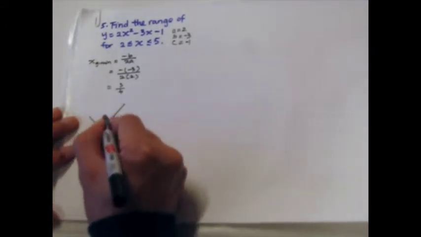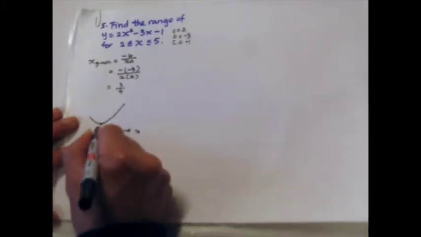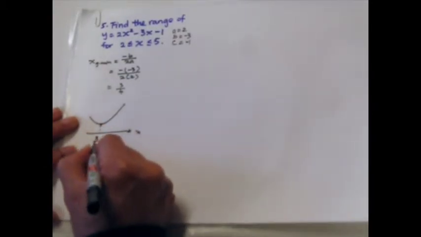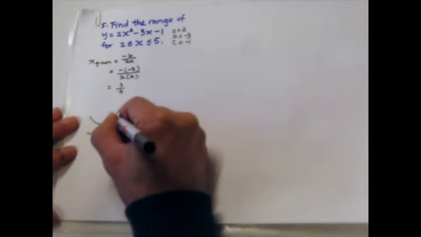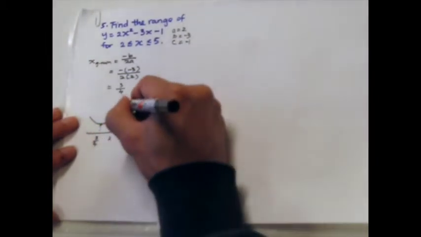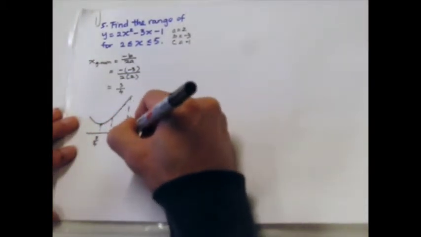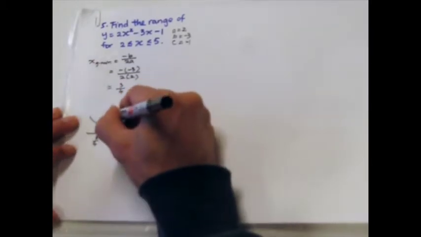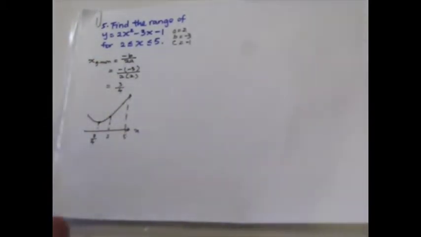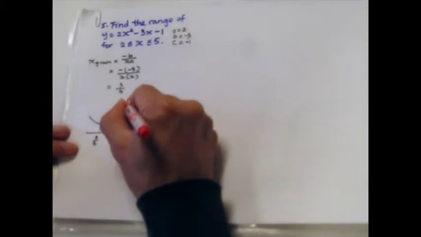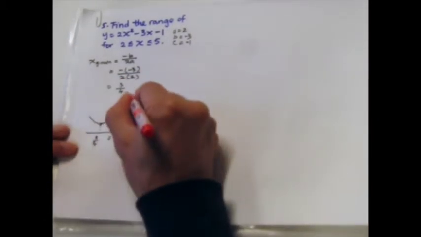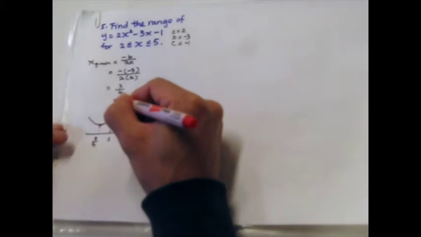Alright, and here is, for example, x, and here is 3/4. Unfortunately, my graph only starts from 2, and then it ends at 5, for example. So the graph that I really need is actually only this part.